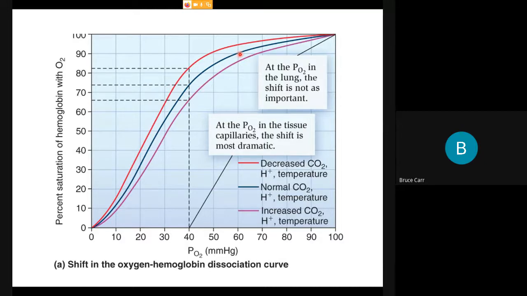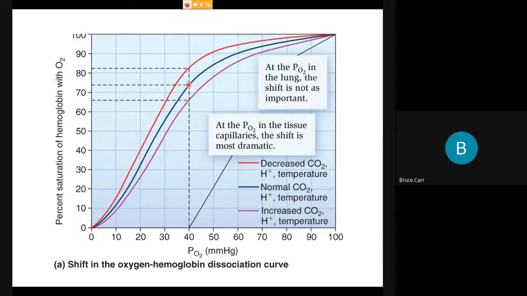You'll notice that as we keep increasing it, this curve is flattening out so that achieving 100% saturation, or all molecules of hemoglobin carrying 4 oxygens, is very, very elusive. It doesn't actually occur.